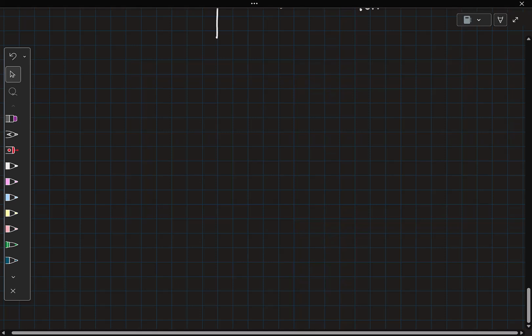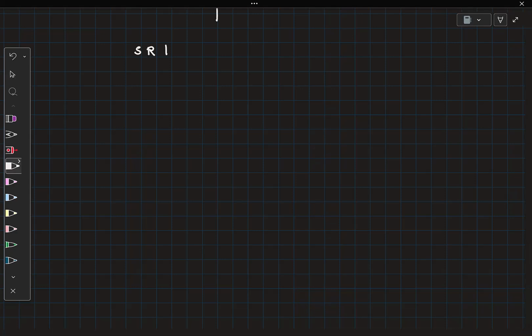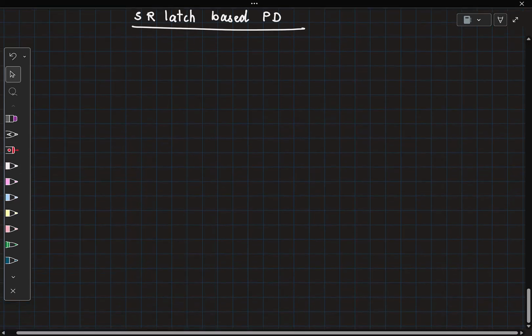All right. So now we look at a slightly more sophisticated phase detector using an SR latch. So I'll consider a NOR based SR latch.